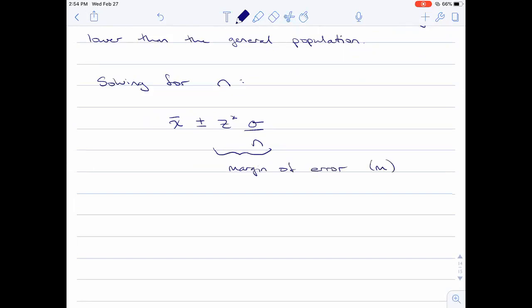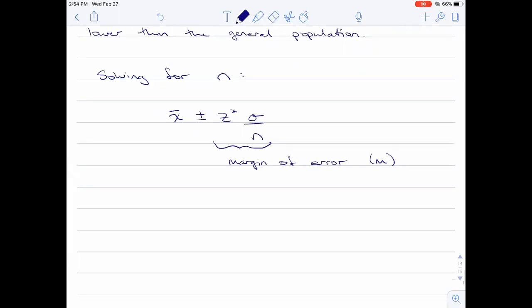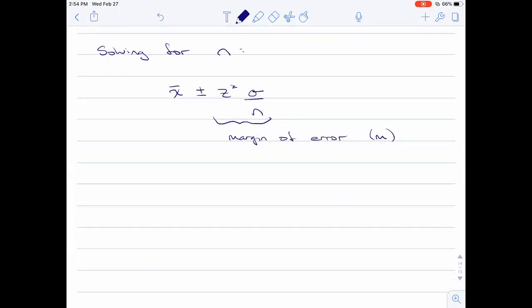So what we can do then is we can say, okay, well, then m is z star times sigma over the square root of n. I'll clean that up a bit.